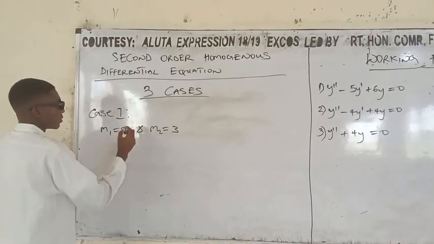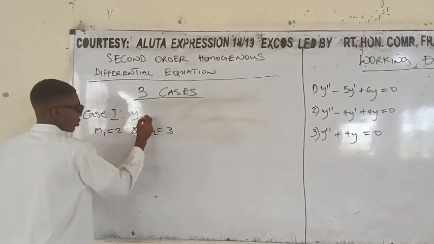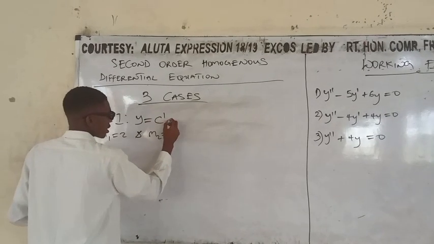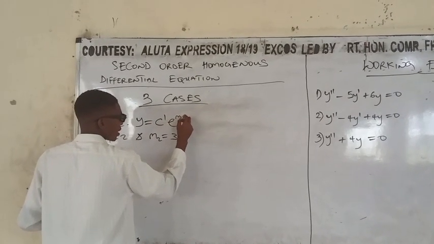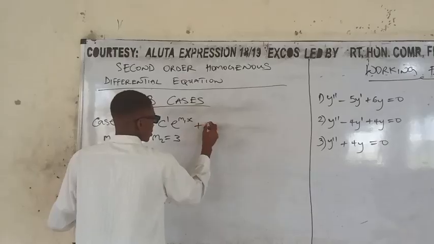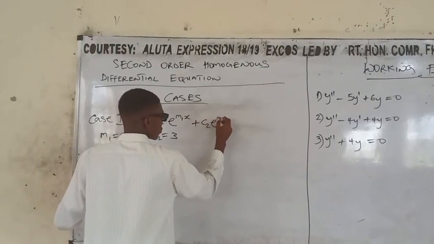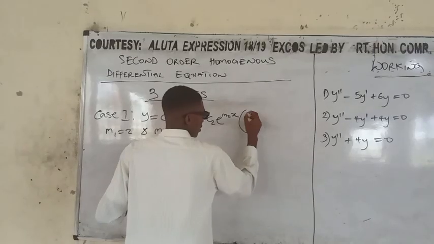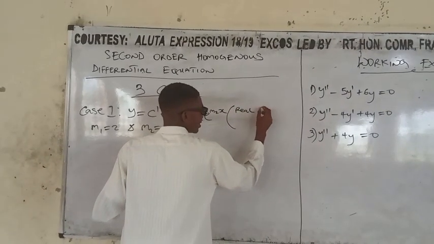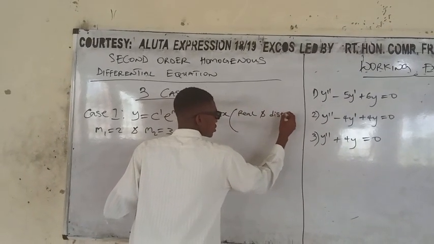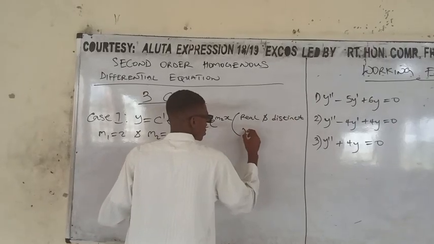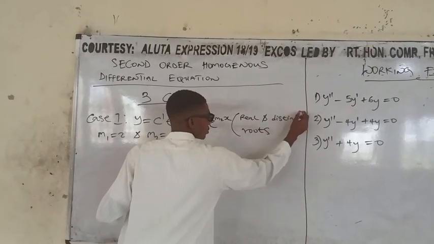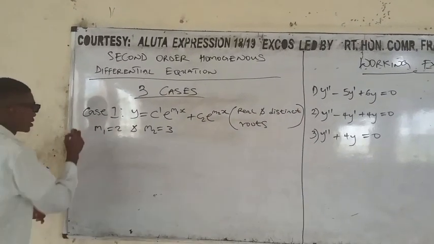Or m1 as 4 and m2 as 5. The general solution will be y = c1 e^(m1 x) + c2 e^(m2 x). This is for real and distinct roots.